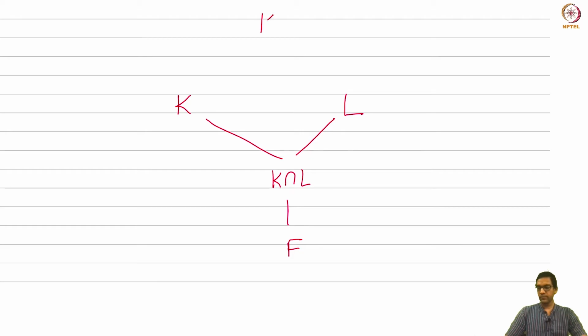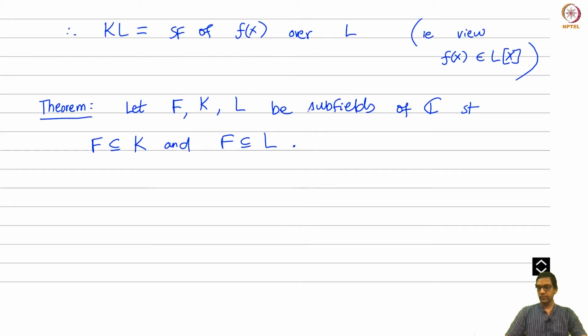Now the field KL that we are talking about, which is the composite, certainly contains both K and L by definition. So it's bigger than both K and L, and as I said, everything is inside C. So this is the picture, and this is what's given. Now given fields F subset of K and L, suppose I have the following assumptions.